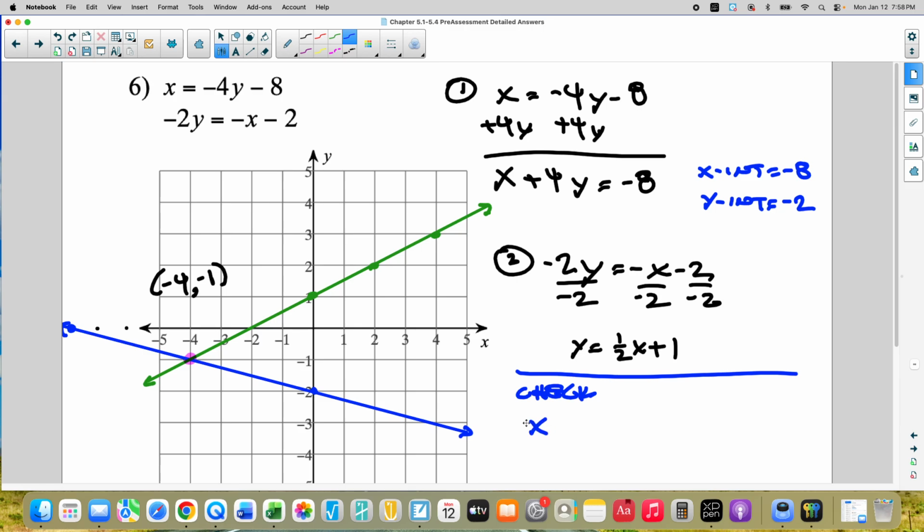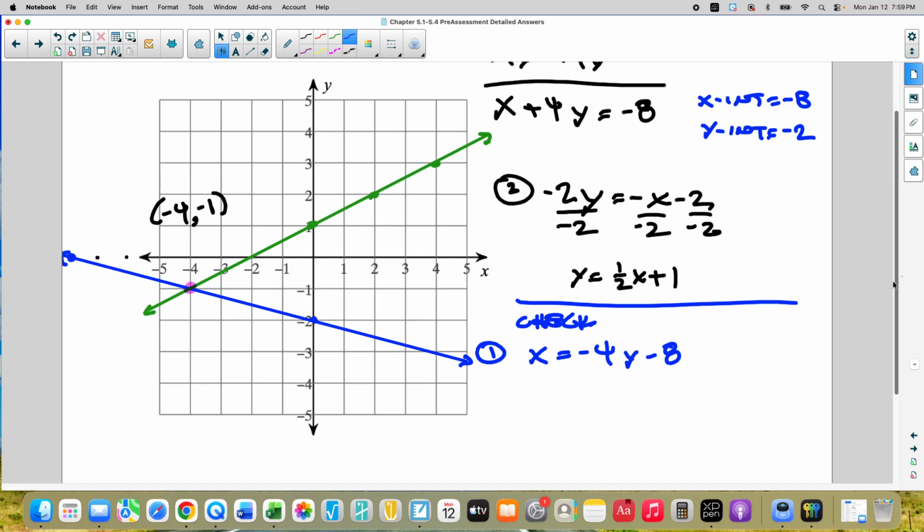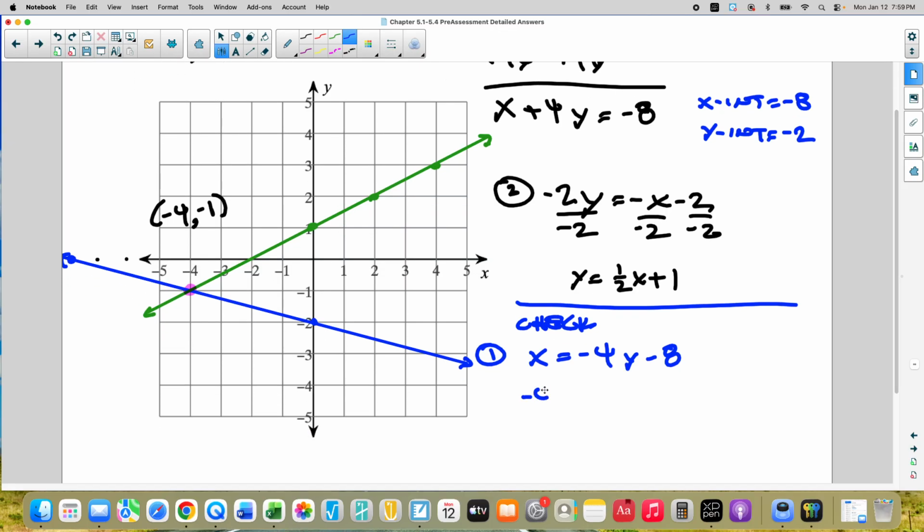Checking x, first equation is x equals -4y minus 8. Plugging in -4 for x, -1 for y: -4 equals 4 minus 8. -4 equals -4. That checks out.